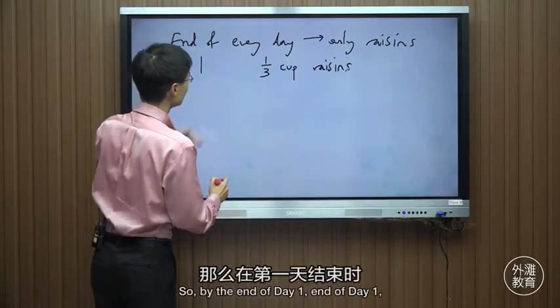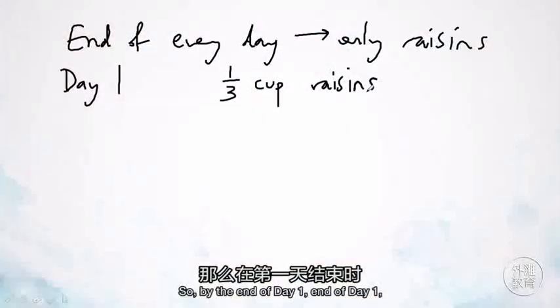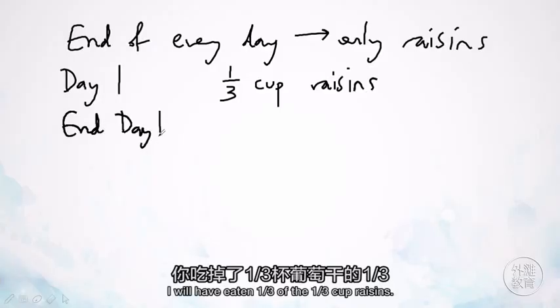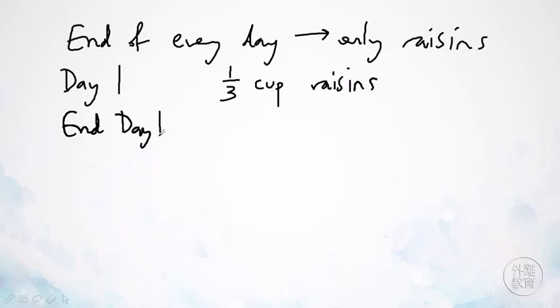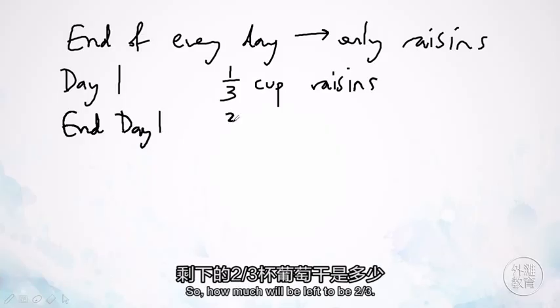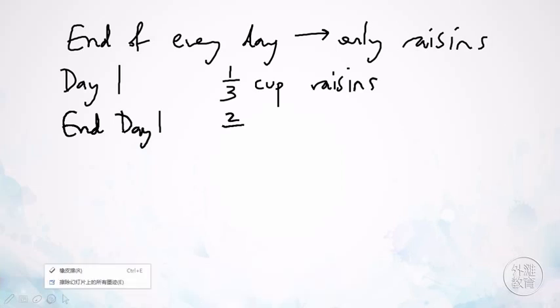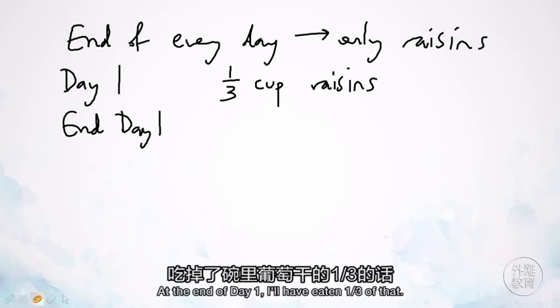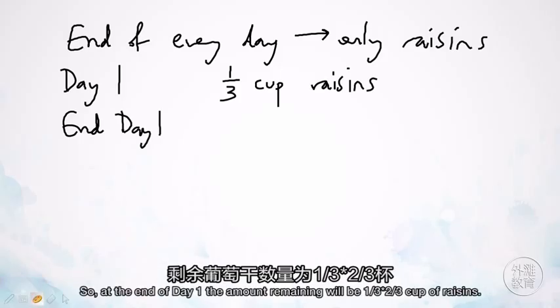So by the end of day 1, I will have eaten 1/3 of the 1/3 cup of raisins, so 2/3 will be left. At the end of day 1, the amount remaining will be 1/3 times 2/3 cup of raisins.